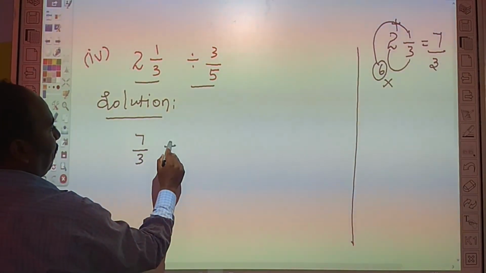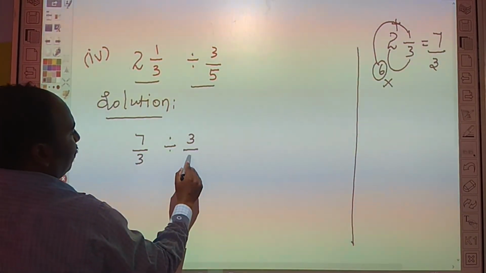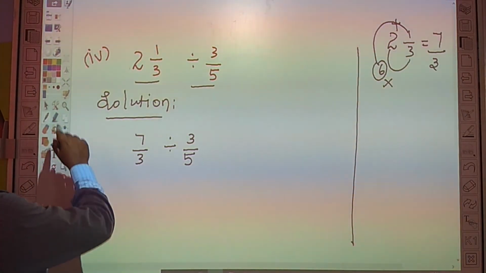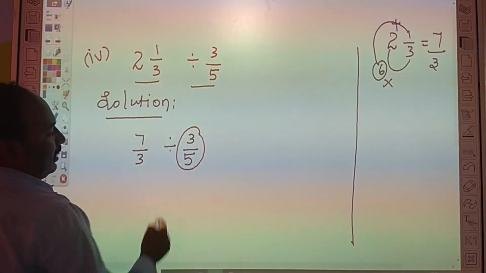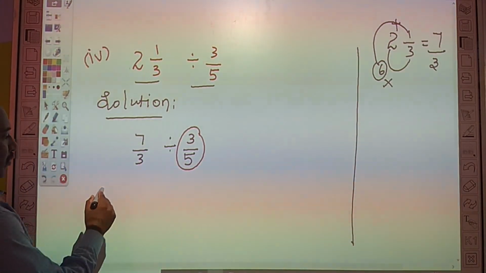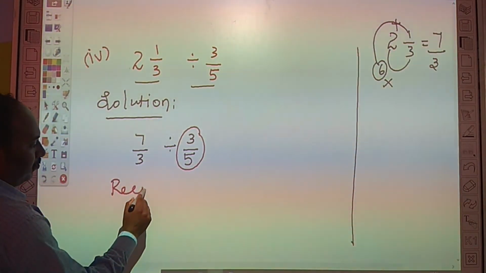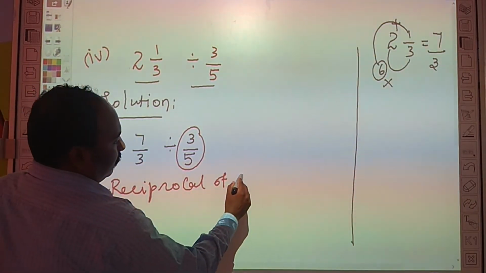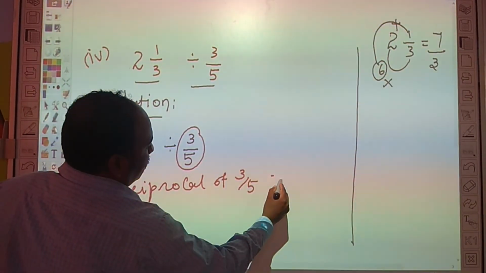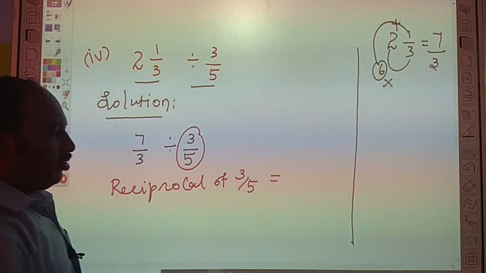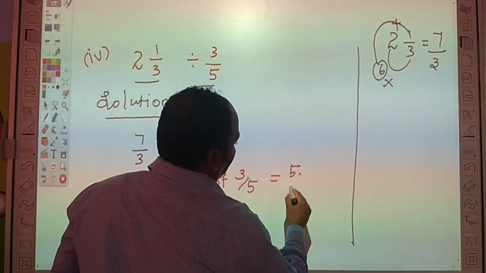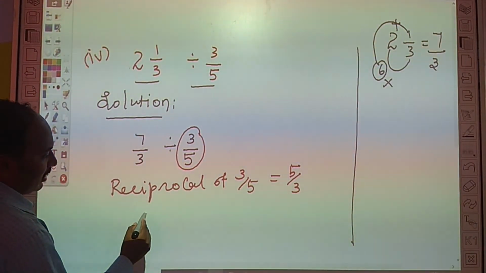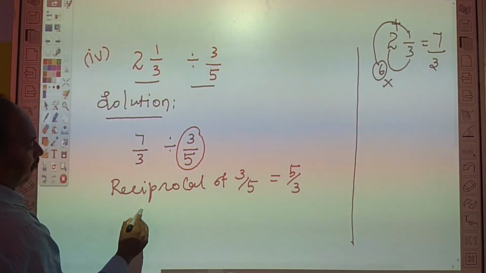divided by 3 by 5. So we take the reciprocal of 3 by 5, which is equal to 5 by 3. The given number is 7 by 3.